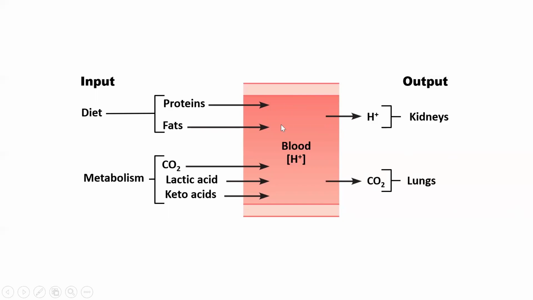We alluded earlier to the fact that proteins break down to nitrogen, but this is another mechanism as well. When proteins are broken down, they produce excess acid, and that can create an acidic environment in the blood. Fats as well.